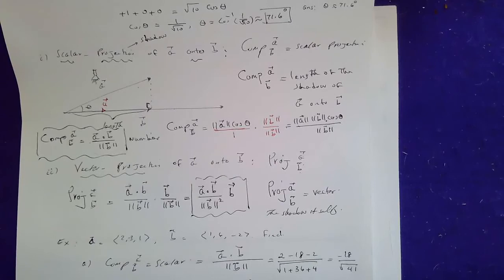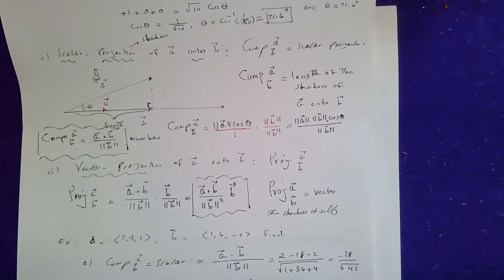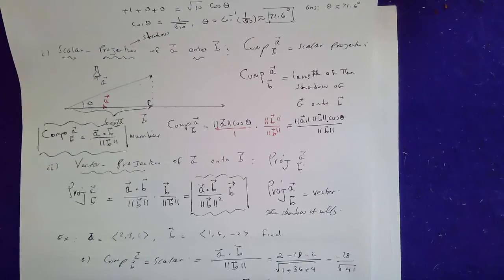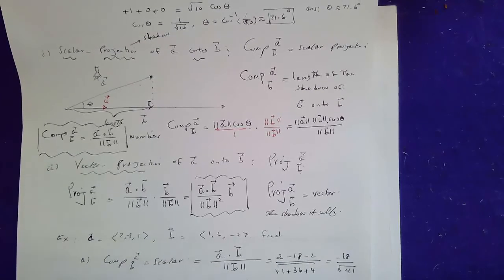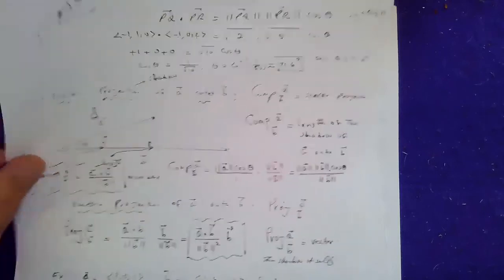So that would be negative 18 over 41, negative 108 over 41, and positive 36 over 41. So remember, this one comes out as a vector, whereas this one is a number. So there you have it.